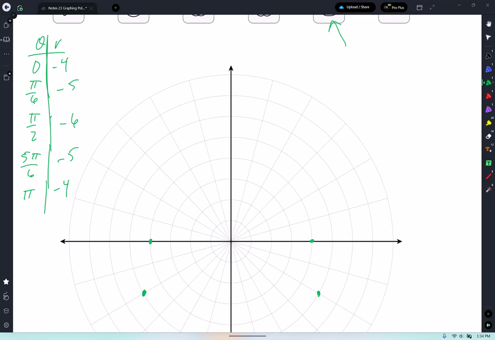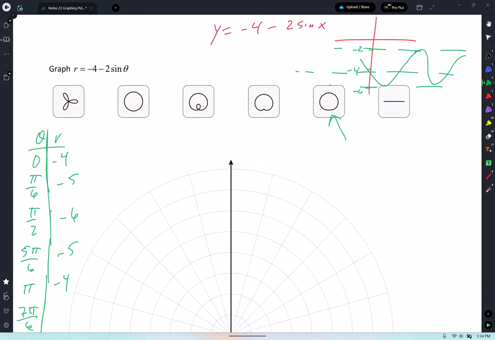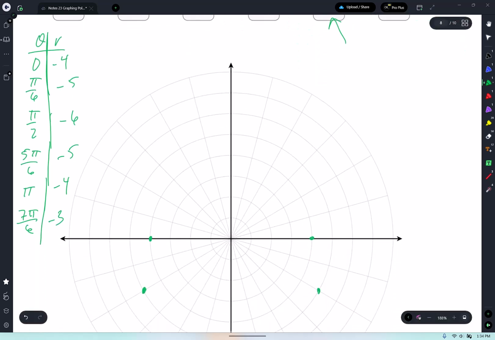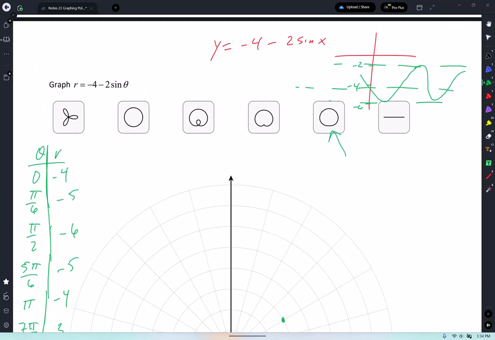I'm going to plug in 7 pi over 6. Sine of that is a negative half. Negative times a negative is a positive, so it's going to be positive 1. Negative 4 plus 1 is negative 3. So 7 pi over 6, negative 3: 1, 2, 3. Point. I'm going to plug in 3 pi over 2. Sine of 3 pi over 2 is negative 1. Negative 1 times negative 2 is positive 2.